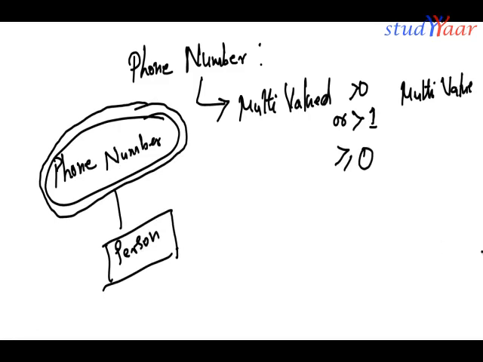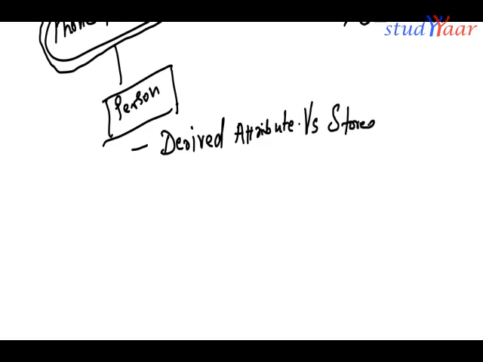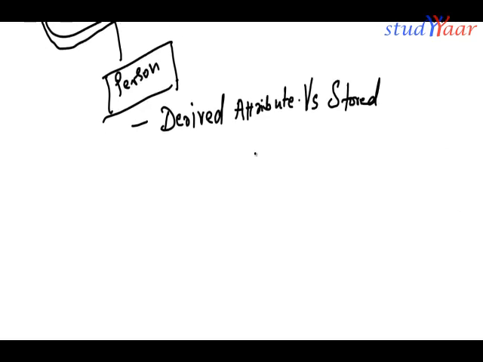Next we'll see what is a derived attribute. Derived versus stored attribute. Okay, let's suppose we have a date of birth attribute.